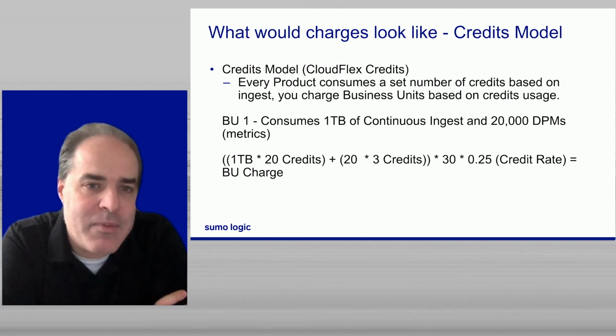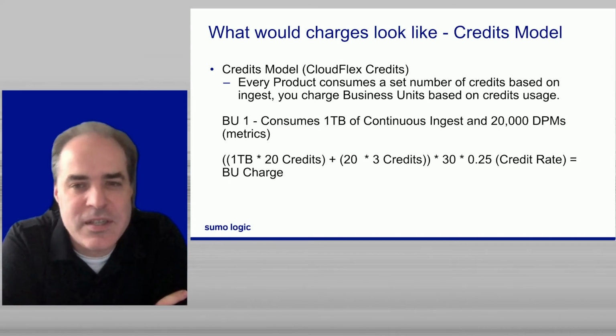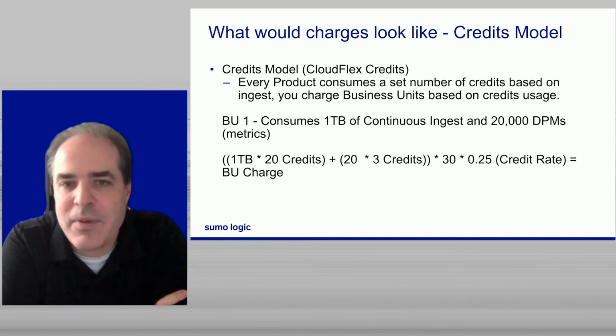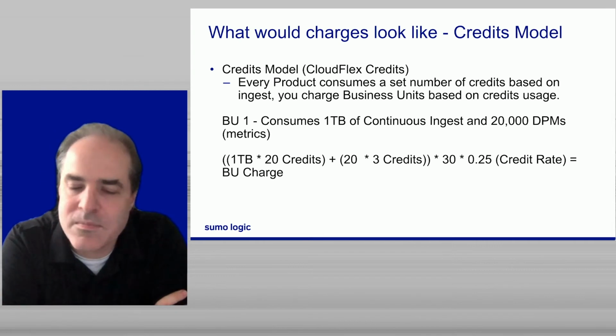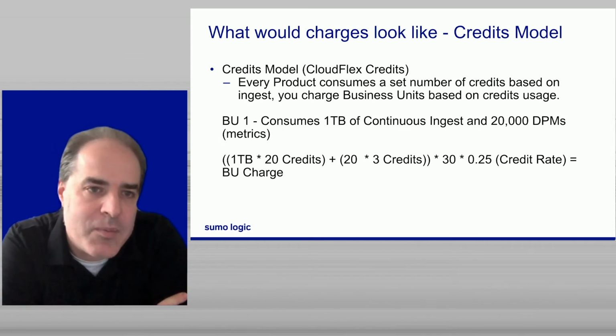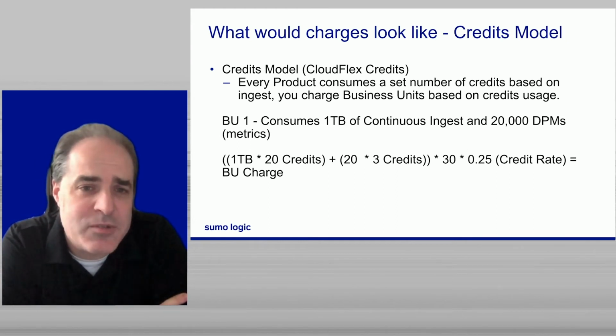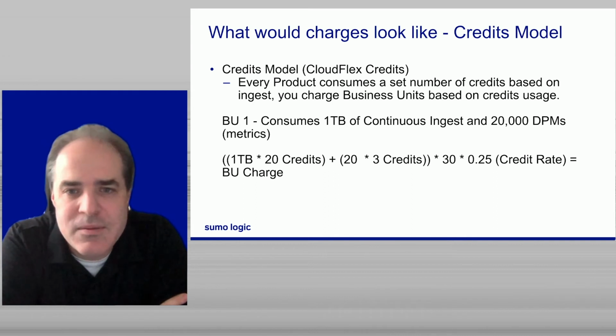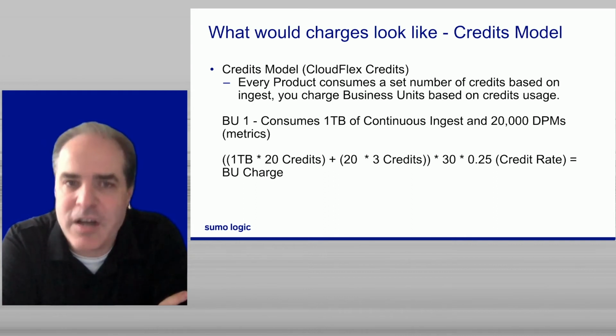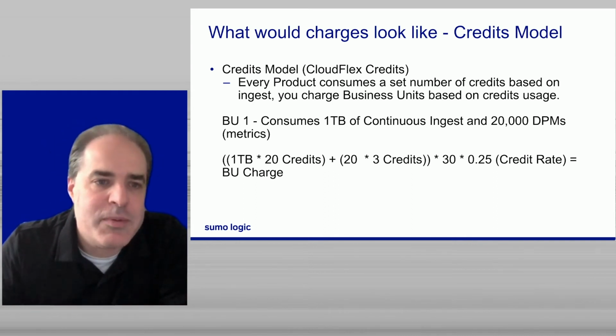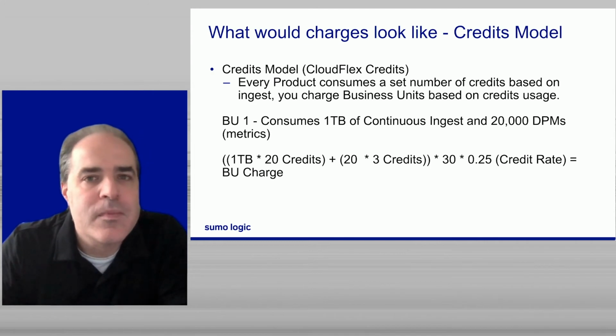I don't have to think about, is it this or is it that? And it's multiplied by the same number of ingest. So right out of the data volume index, you can do this, and Matt will show some panels. So the math is unit of measure times credits, add them all up, multiply them by your credit rate, you're done. That's all you have to do for your chargeback, and that equals your charge.